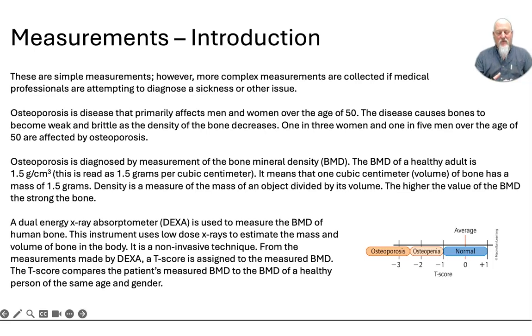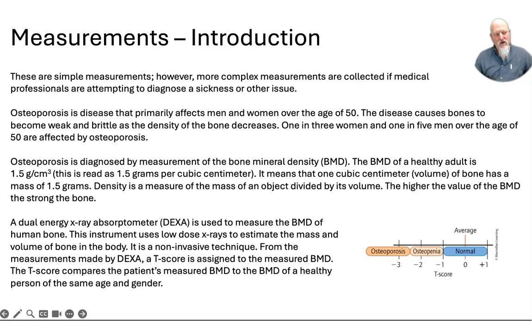Okay, and that's bone mineral density, BMD. We use this instrument called DEXA, or a dual energy X-ray absorptiometer, to measure your bone density. And from that, we take your bone density and we give it a T-score. And a T-score is a statistical value.